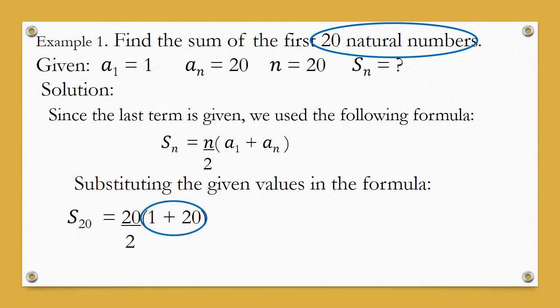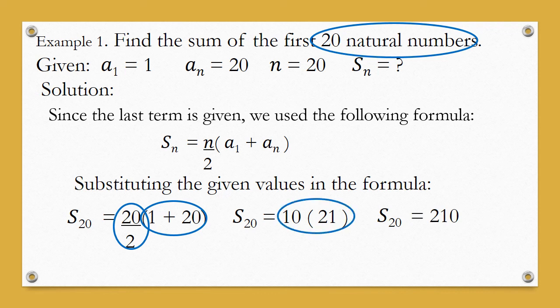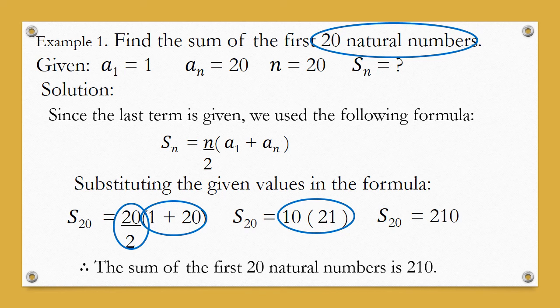So adding 1 and 20, then dividing 20 divided by 2 will give you S sub 20 is equal to 10 times 21. And 10 times 21 is equal to 210. So therefore, the sum of the first 20 natural numbers is 210.